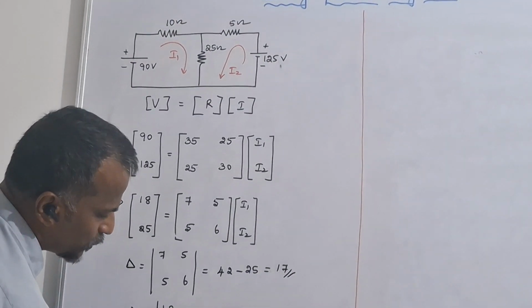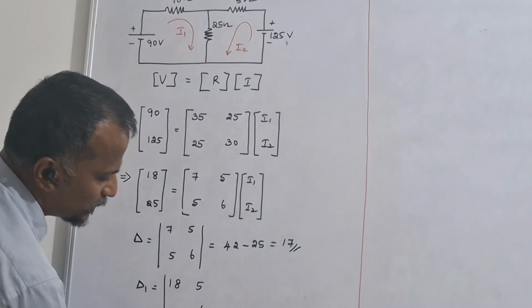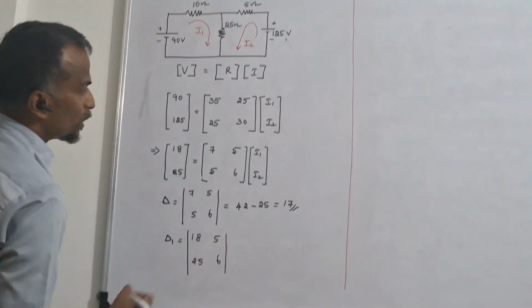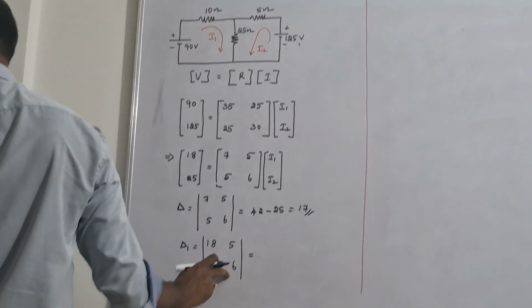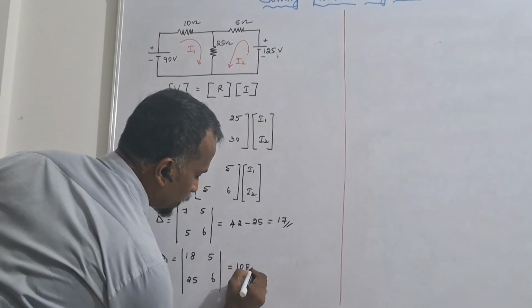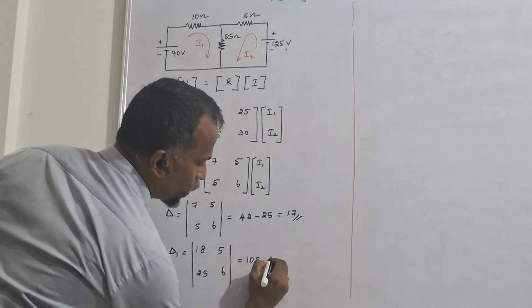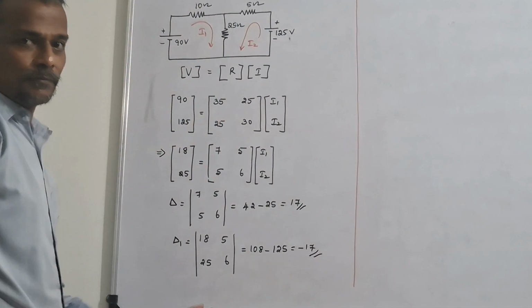Therefore 18, 25, and the second column as such, 5, 6. So we get the determinant: delta 1 is nothing but 108 minus 125, that is equal to minus 17, right?